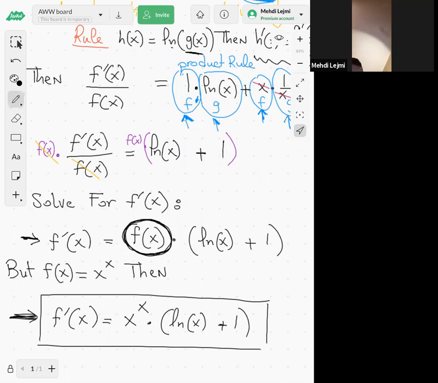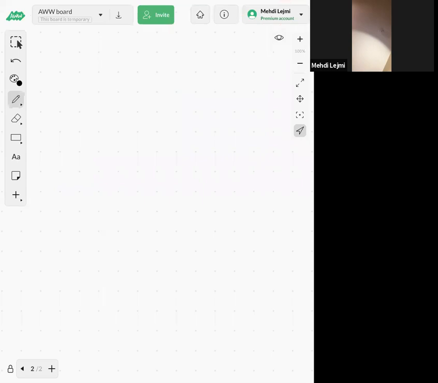All right. So then let's move to our chapter 3. We are still in section 3.1, and it's about the minimum and maximum values.